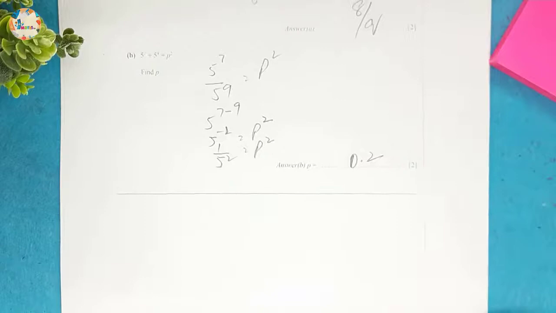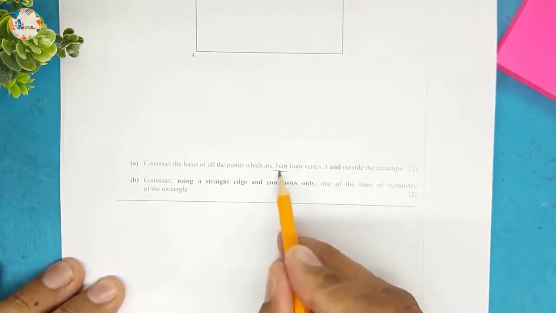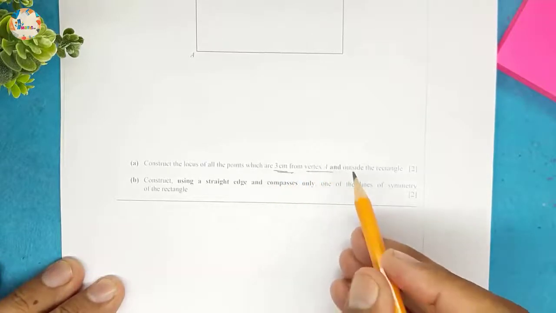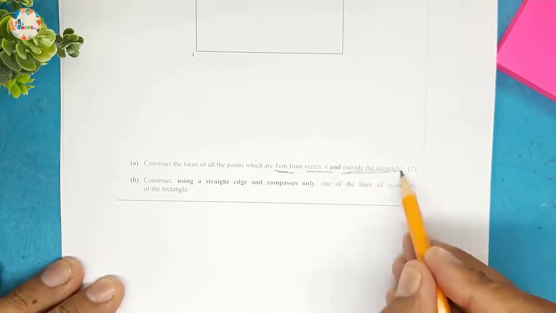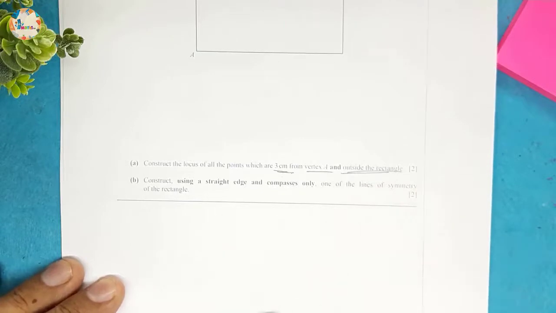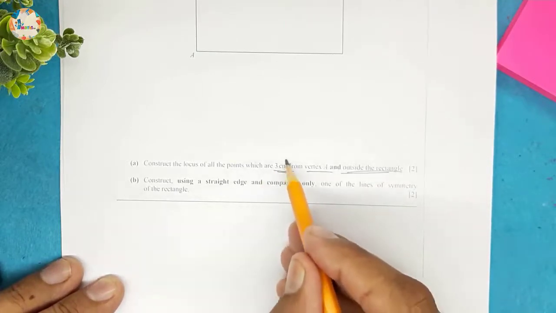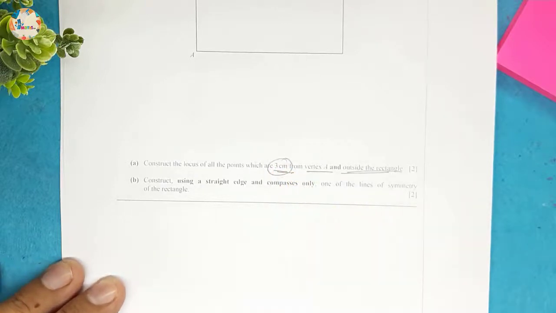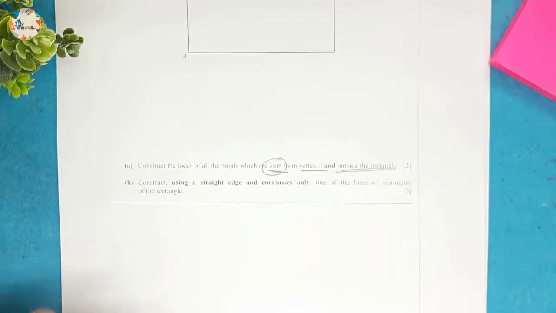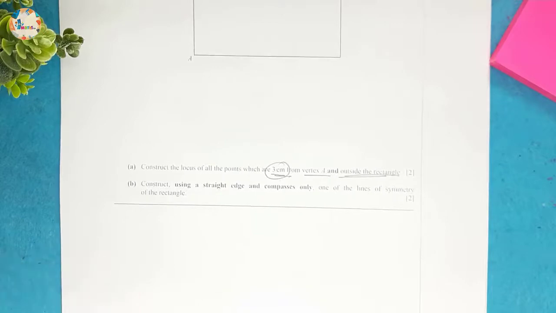Next, question number 15. This diagram is provided. Basically this rectangle. Construct the locus of all the points which are 3 centimeters from the vertex A and outside the rectangle. So we have to open the compass to 3 centimeters and draw the circle.